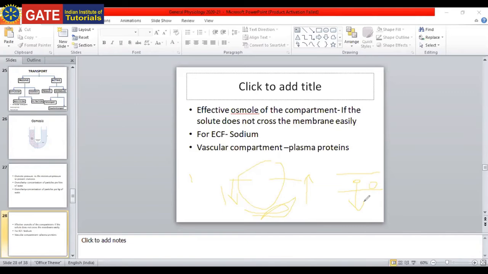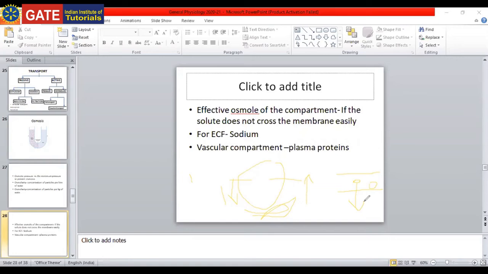My question is again like my previous question. I'm asking you, what is the effective osmole for the vascular compartment? Plasma proteins. Very good.